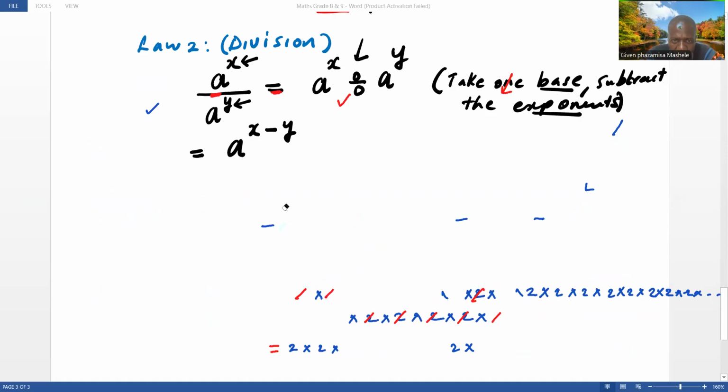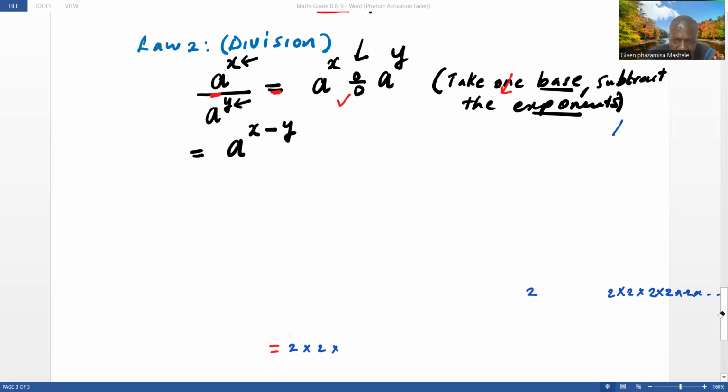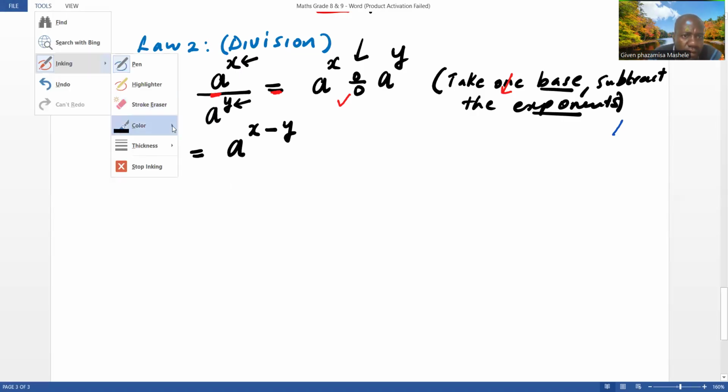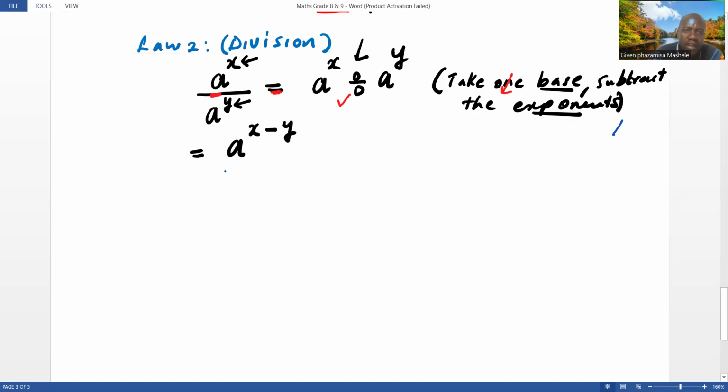The law number 3 says, when we have a to the exponent of x, but also to another exponent of y, imagine we're having 2 exponents on one base. So look at this. This is called law number 3. I want to talk about this because this is very important.